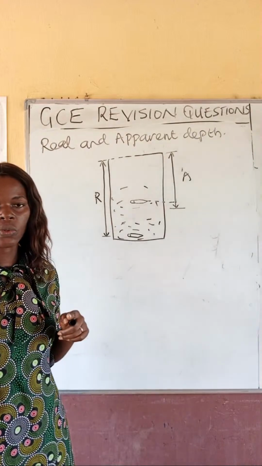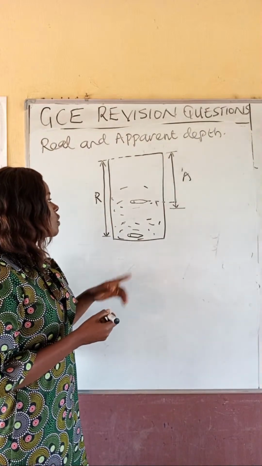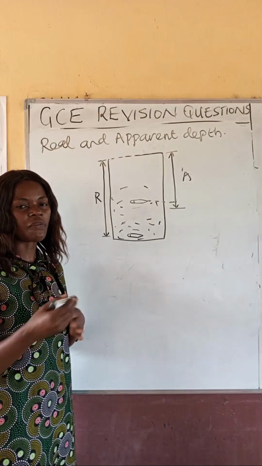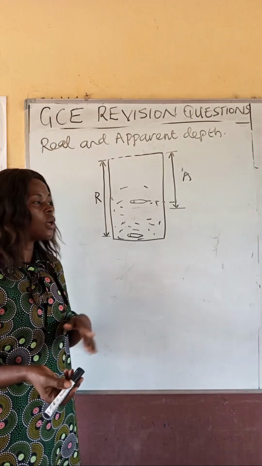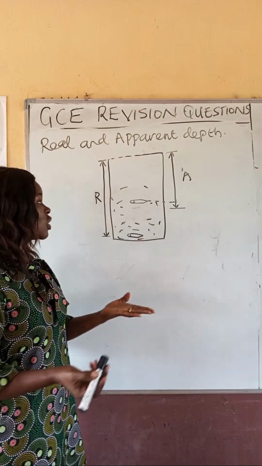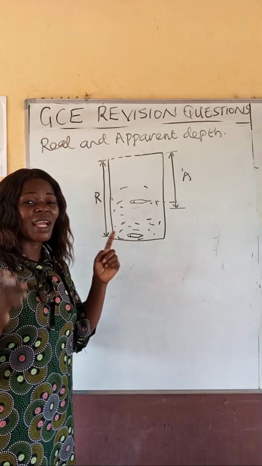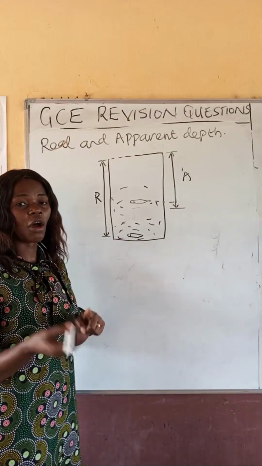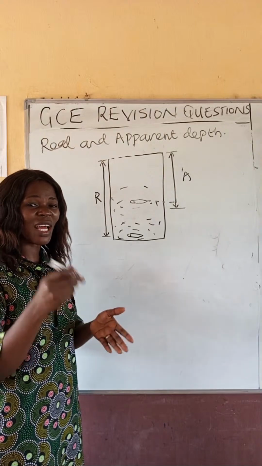Why is this so? Because light has traveled from one medium to another, which is the concept of refraction. When light moves from one medium to another of different density, of course we know that water is denser than air, glass is denser than air, there must be refraction at that boundary.